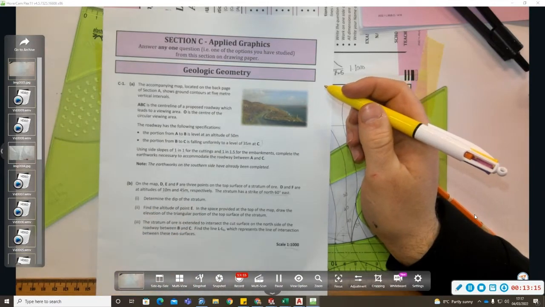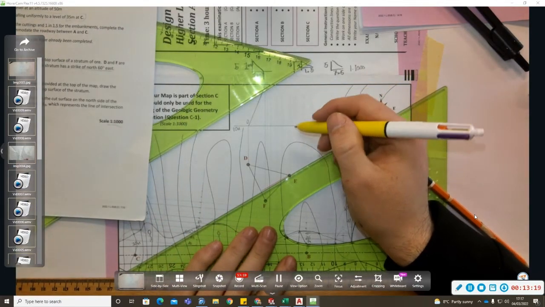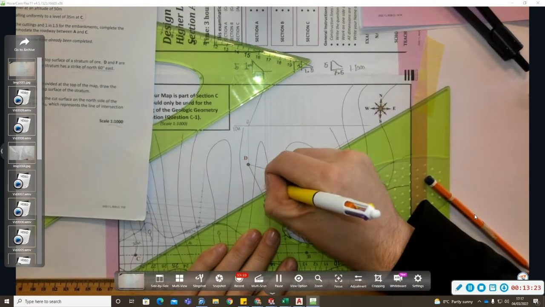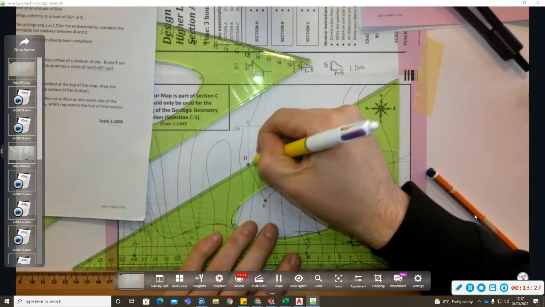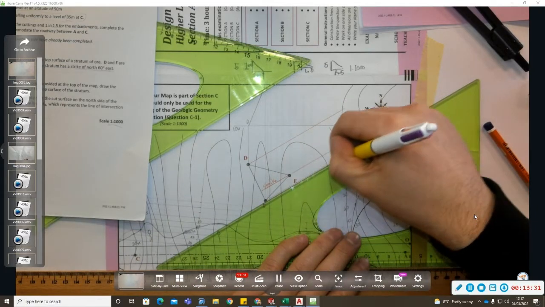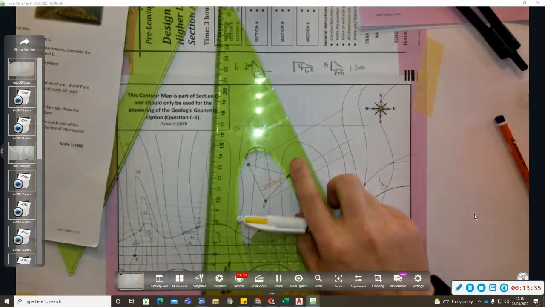Determine the dip of the stratum, so the angle that it makes to the horizontal plane. I'm going to look along this strike because the stratum is going to project as an edge view in an auxiliary elevation. Right? Now, I'm going to draw in my x1 y1 line.